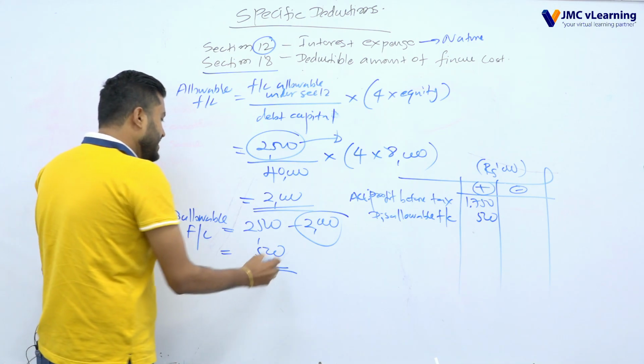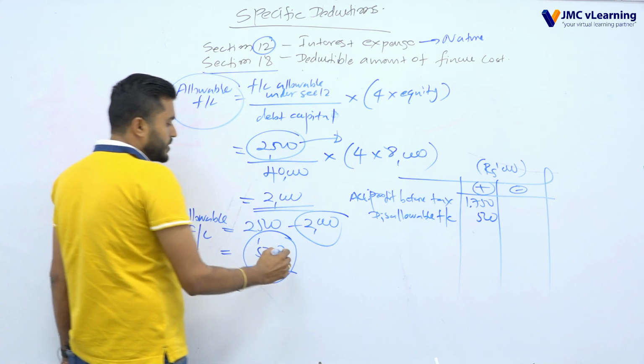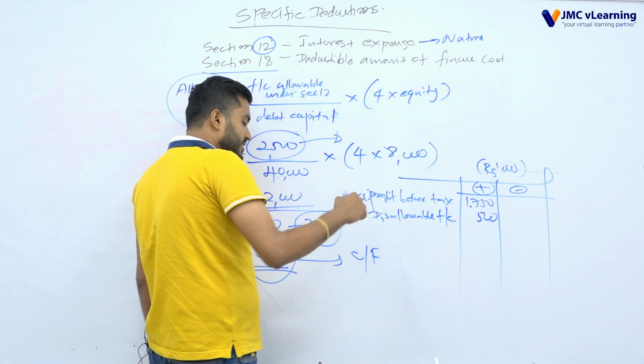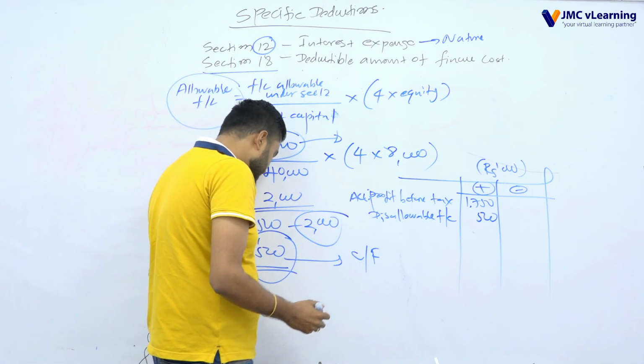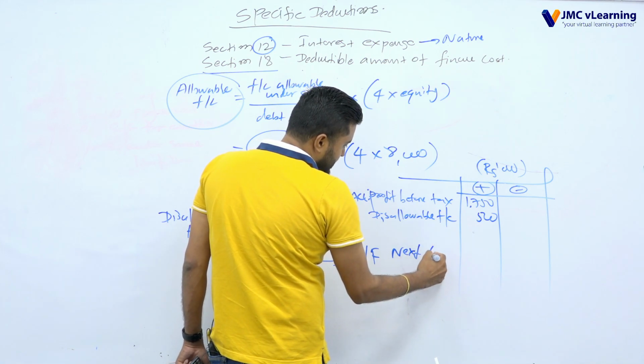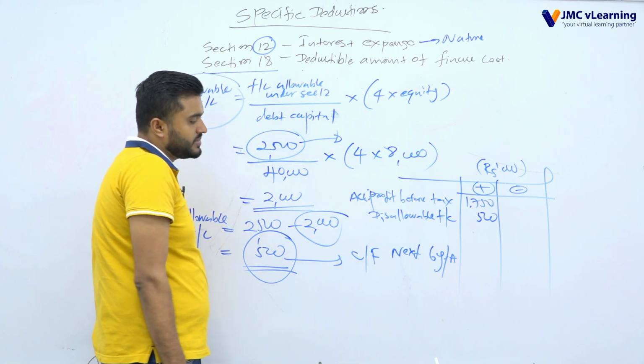If there is a disallowable finance cost due to these restrictions, you can carry it forward. You can carry forward this unclaimed 500 for the next 6 years of assessment, under the same condition.